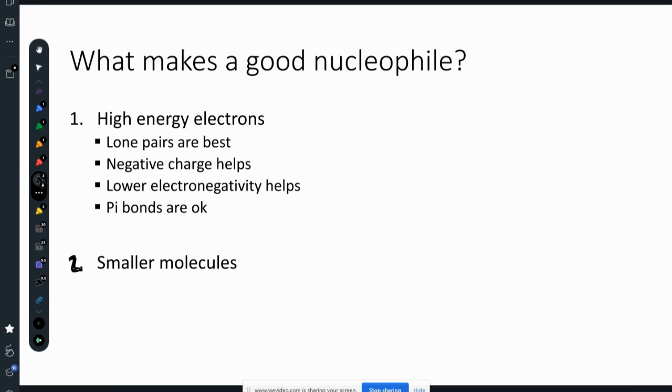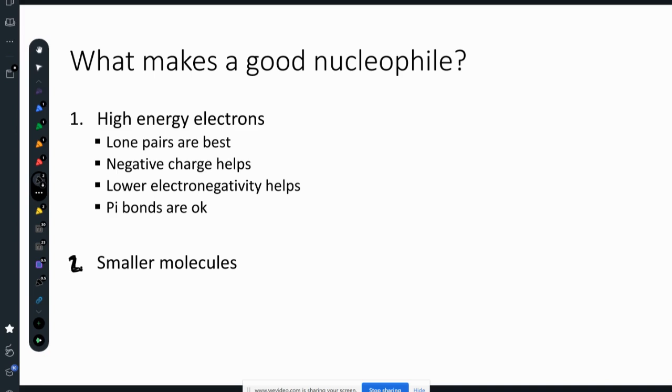Less electronegative is good. Occasionally, you'll see a pi bond act as a nucleophile. So the electrons in a pi bond are less strongly held, so they can act as nucleophilic electrons. But it's going to be less common. So I would look for high energy electrons when I'm thinking about what makes a good nucleophile.